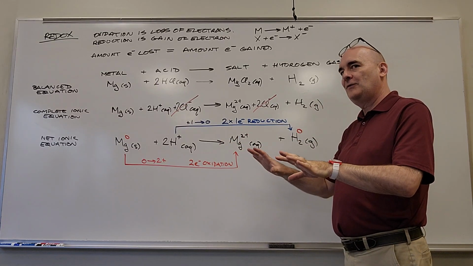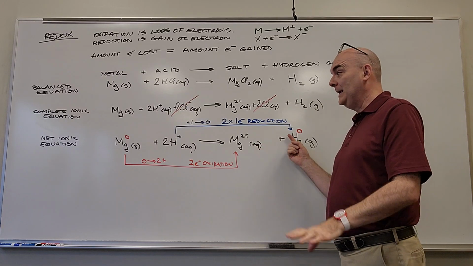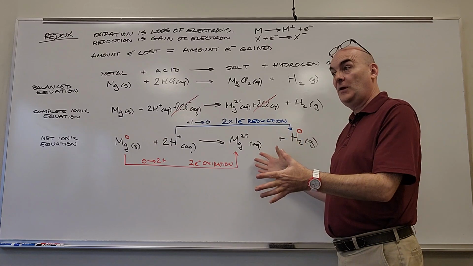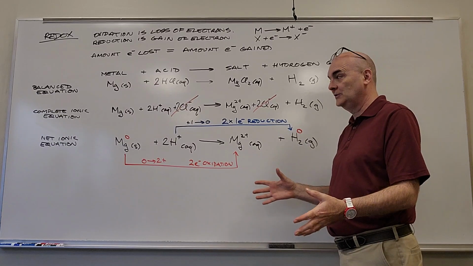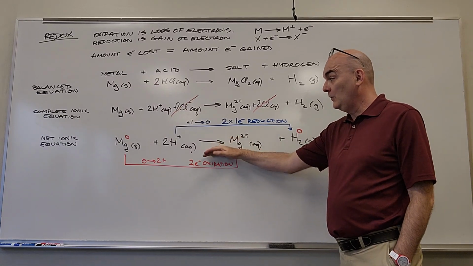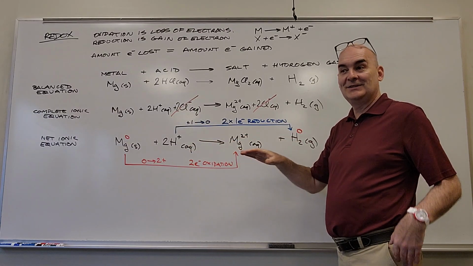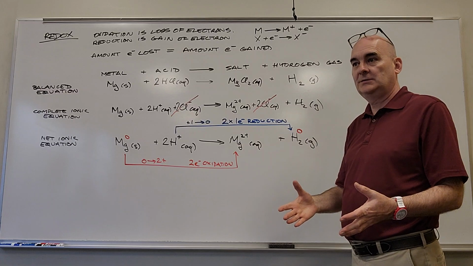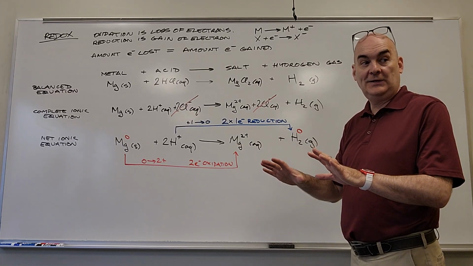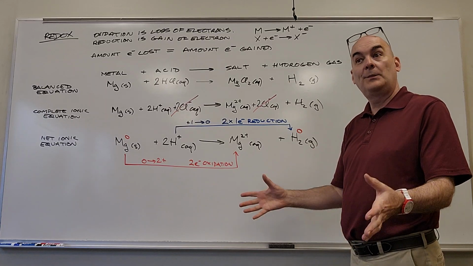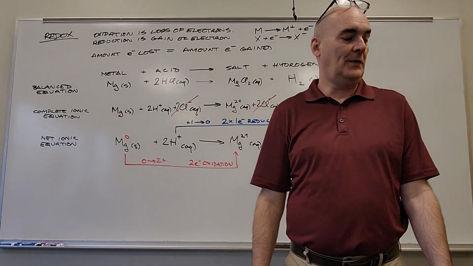But if we have them be separated from each other, then we can make the electrons flow through wires between the 2 reactions. And we're going to take a reaction in which something is oxidized and something is reduced and split it into 2 halves. We're going to have a half reaction and a half reaction that are physically separated from each other, but still do the work of a redox reaction.